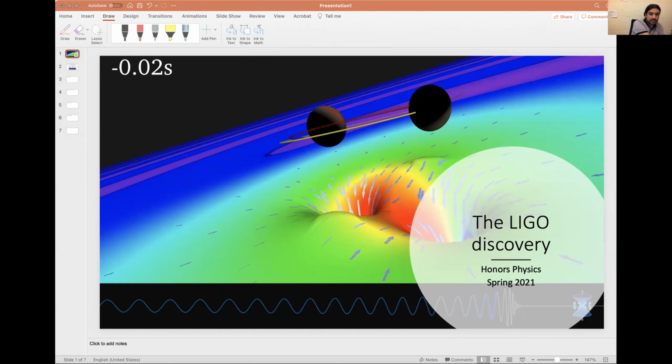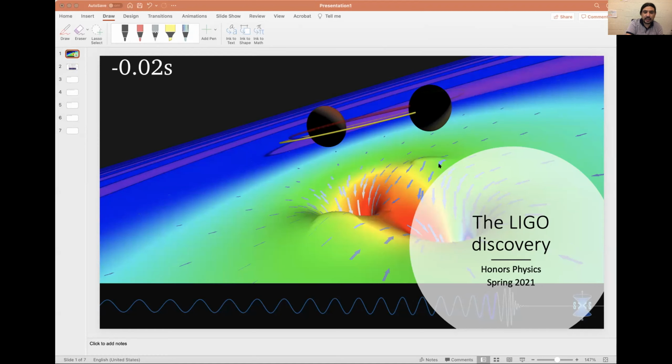It took 100 years for a huge experimental collaboration for people to observe these gravitational waves. So what happened then is that with LIGO, the name of the collaboration, we have now a new window to see the universe.